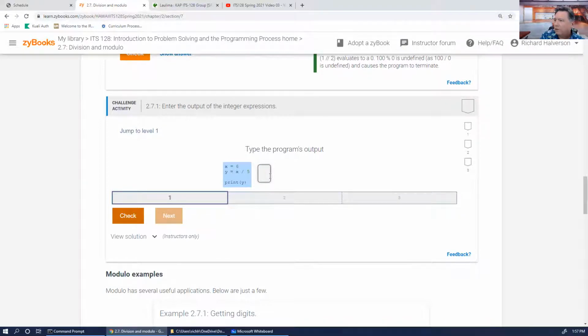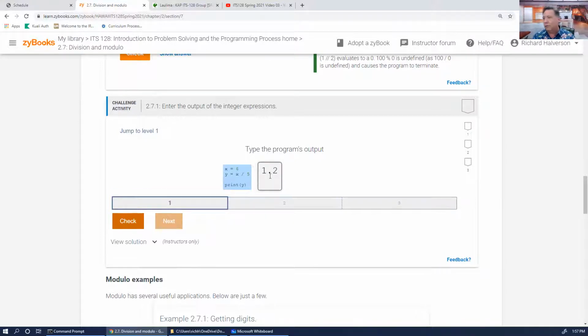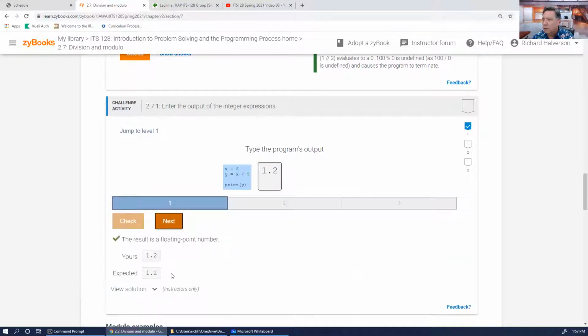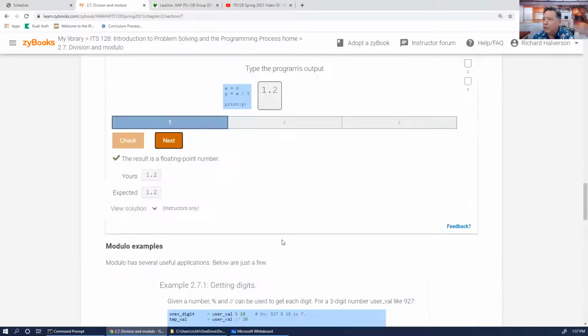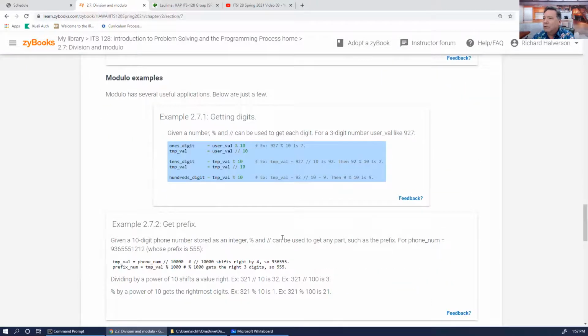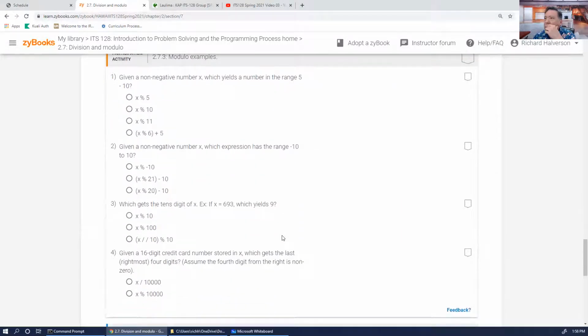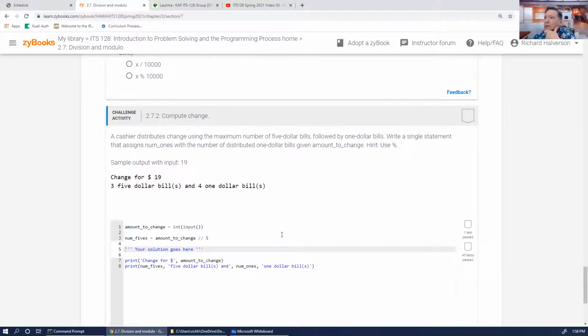What is 6 divided by 5? All right, 6 divided by 5 equals 1.2. Enter. All right, great. So anyway, you can do those. And here are some nice modulo examples. You can go through those.